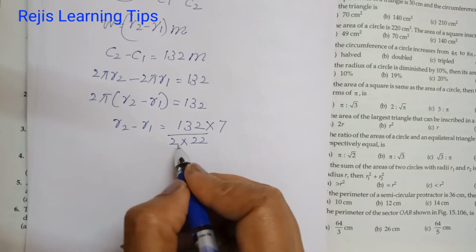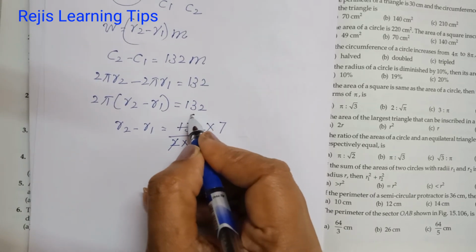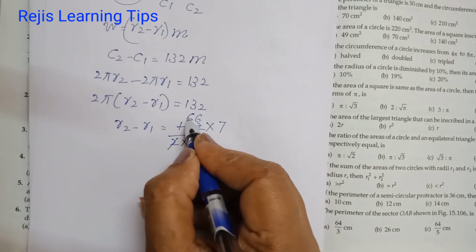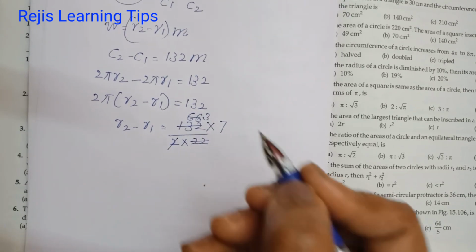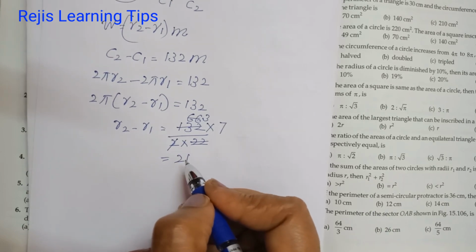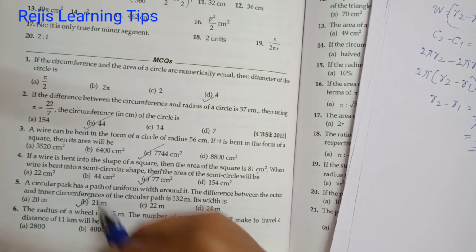Then we can cancel this 2 and 132. We will get 66. 22 into 3 is equal to 66. So 3 into 7 means 21. Width of the circular path is 21 meter. So our option B.